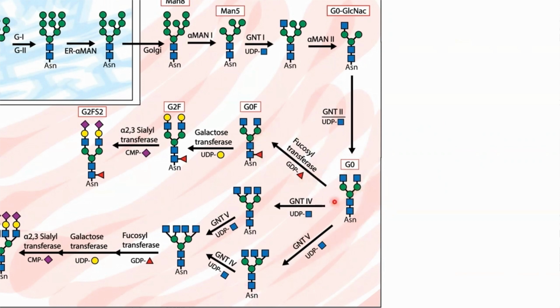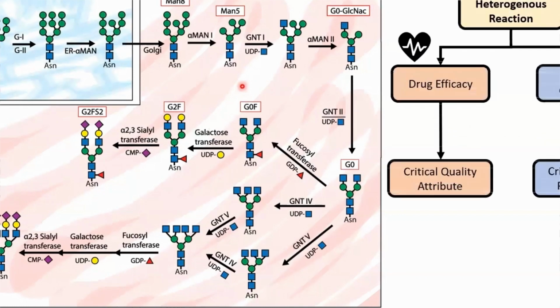It can then add more N-acetylglucosamines, which will then increase the branching, as well as addition of galactose and sialic acids onto it, depending on what is available within the cell at each time. So what can be understood here is that at any point this reaction can stop and the antibody can be secreted. So you'll have antibodies that have Man8, Man5, with just G0, just G0F.